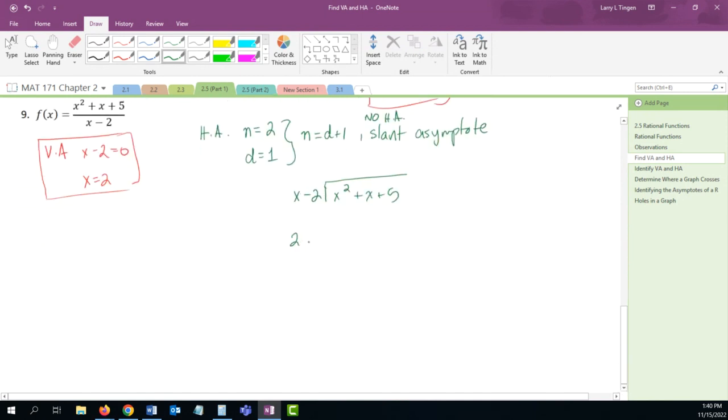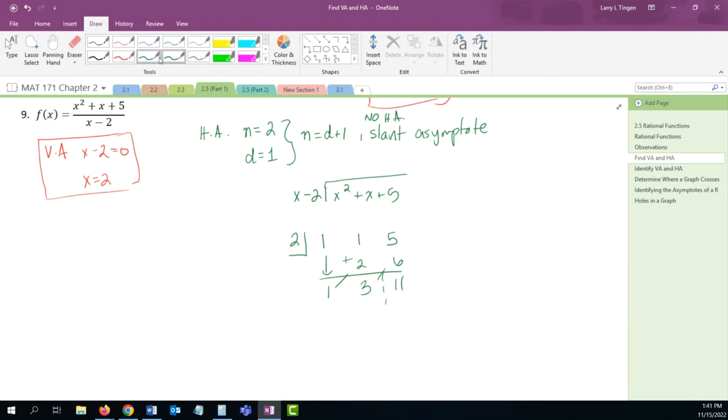So x minus 2 is interesting when x is 2. Coefficients are 1, 1, and 5. Bring the 1 down, multiply by 2. 2 times 1 is 2. Add 1 plus 2 is 3. 3 times 2 is 6. And 6 plus 5 is 11.